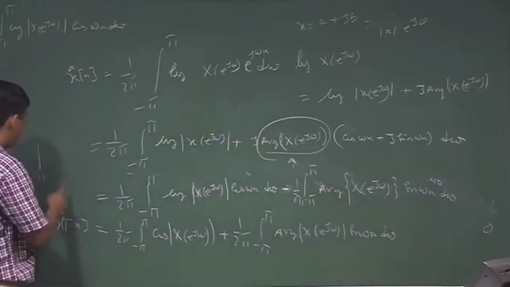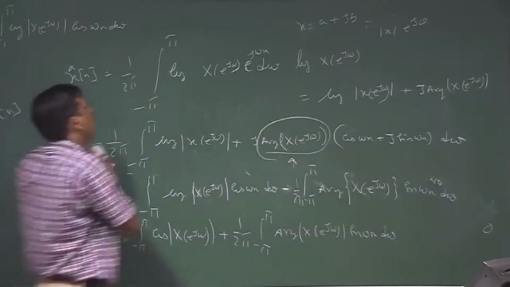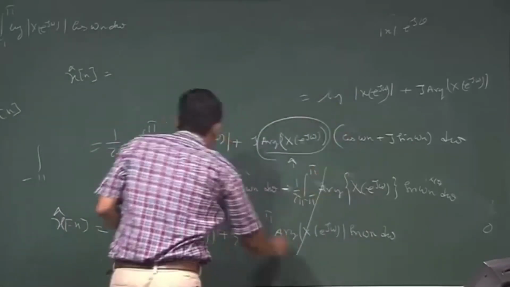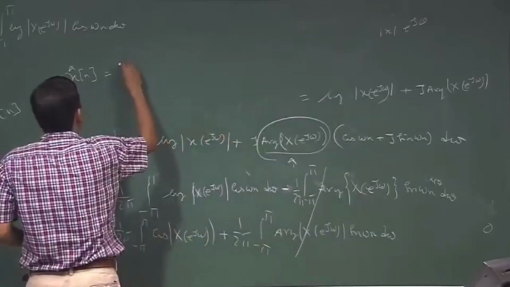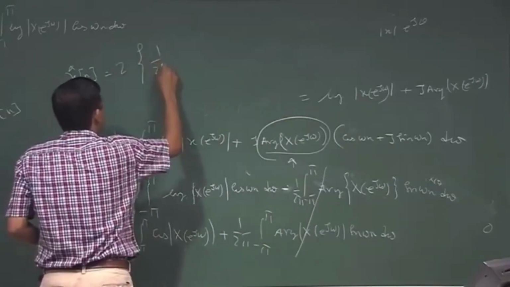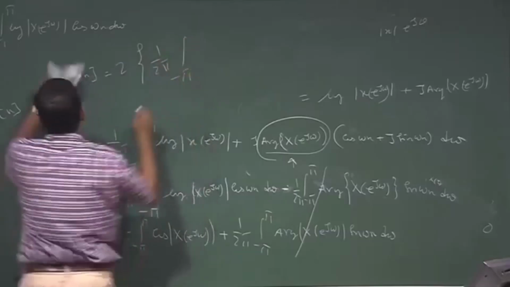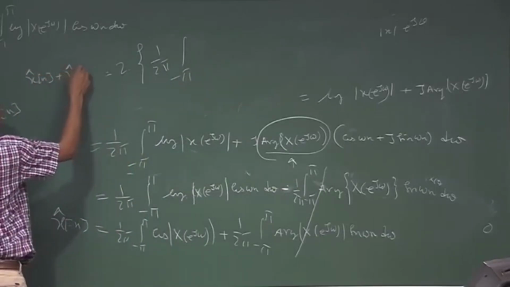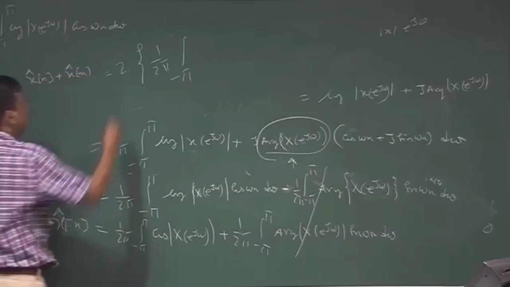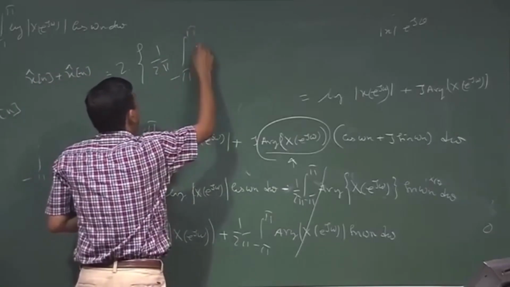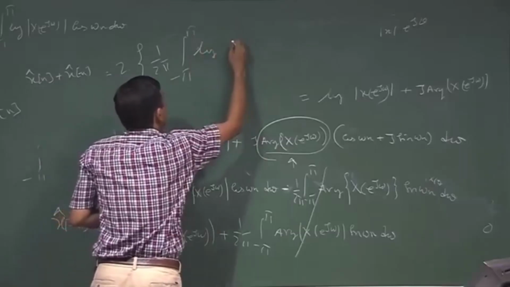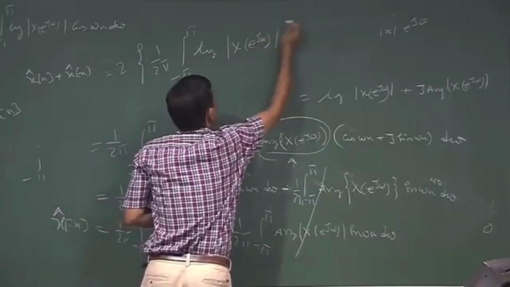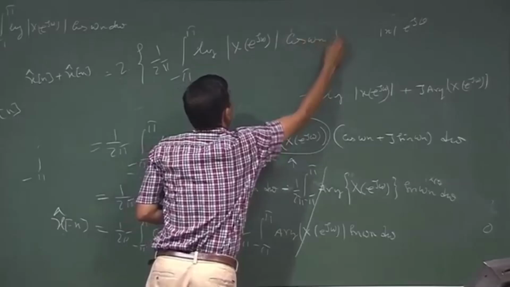So if I add x(n) and x(minus n), if I add these two terms, what will I get? This term will be cancelled, only these two terms will be there. So I can say it is nothing but 2 into 1 by 2 pi, integral from minus pi to pi. So X cap n plus X cap minus n is nothing but 2 into this, integral from minus pi to pi of log of |X(e^(j omega))| cos omega n d omega.